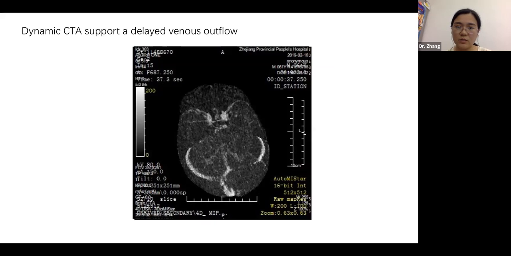Maybe for Chinese, we're very familiar with this medicine, but we don't know if you have this medicine in the USA. This medicine is used to promote the opening of collateral flow, and it is useful to protect the mitochondria.